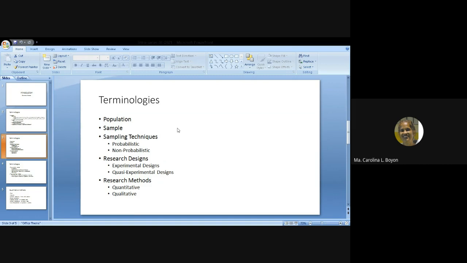The probabilistic sampling techniques provide a specific relative frequency of any unit in the population to be selected as part of the sample. Non-probabilistic sampling techniques will not associate a specific probability or relative frequency to any unit in the population to join as part of the sample.